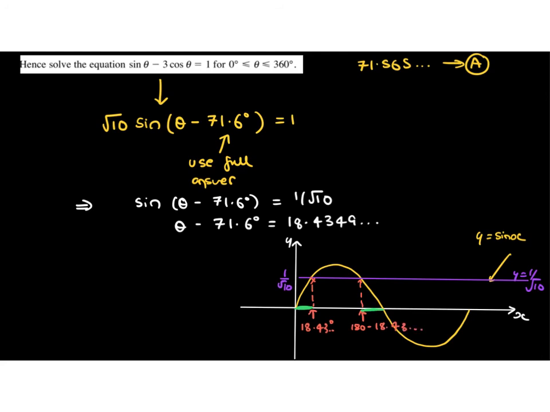Now, in both cases, we're not finding values of theta, we're finding values of theta minus 71.6. So far, we've got theta minus 71.6 equals 18.43..., and we have theta minus 71.6 is equal to 180 minus 18.43.